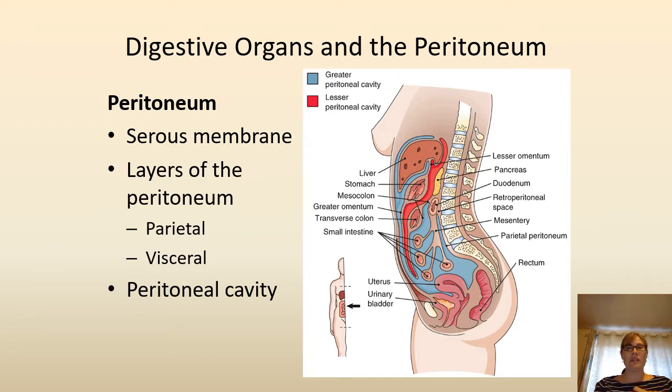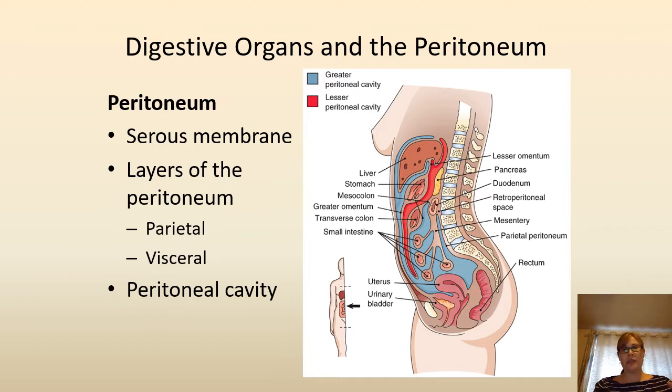Within the lungs, we would call that pleura. Around the heart, we would call that pericardium, and in the digestive system, or in the abdominal cavity, we would use the word peritoneum.